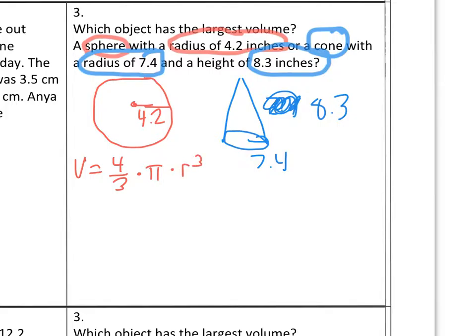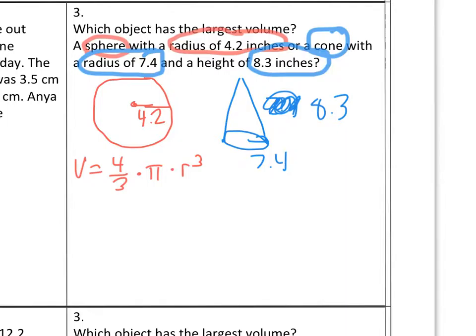So we got 4 over 3 times pi times radius to the third power. So remember, know these formulas. You got to know it or it's just going to cause a problem. Alright, the only thing we got to plug in is 4.2 into radius to the third dimension. Again, third dimension is used for the sphere only. The cones, remember, it's only 2 raspberries.